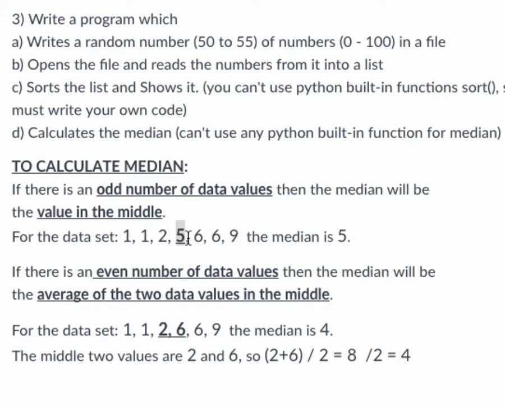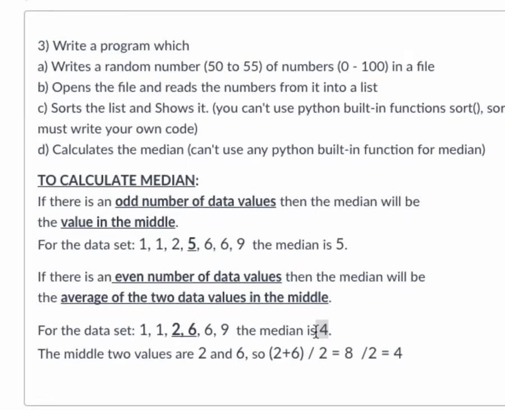So this one is in the middle, there's 3 to the right of it, there's 3 to the left of it, and then this is the median. Now if we have an even number of numbers, then the median is the average of the two values in the middle, right? Notice there's 2 values in the middle, there's 2 in the left, 2 to the right, and what we're going to do is 2 plus 6 divided by 2, and that's the average of these two values, and that is your actual median for that.